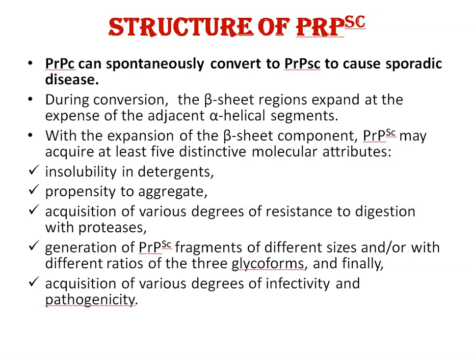Number 1, insolubility in detergents. Second, propensity to aggregate. Third, acquisition of various degrees of resistance to digestion with protease enzymes. Then generation of PrPsc fragments of different sizes and acquisition of various degrees of infectivity and pathogenicity.